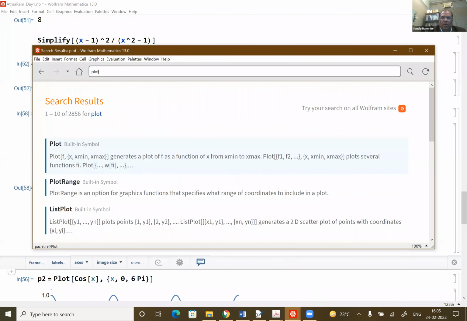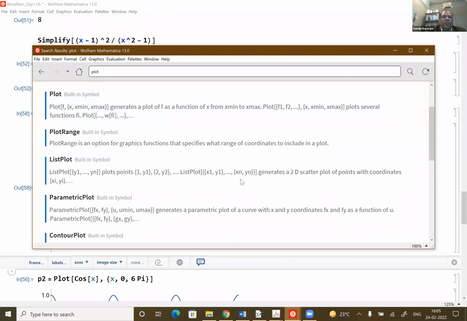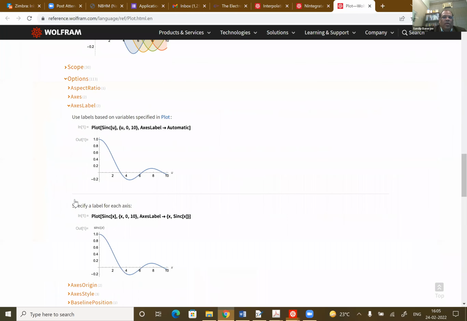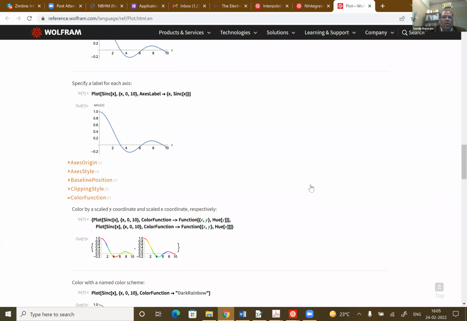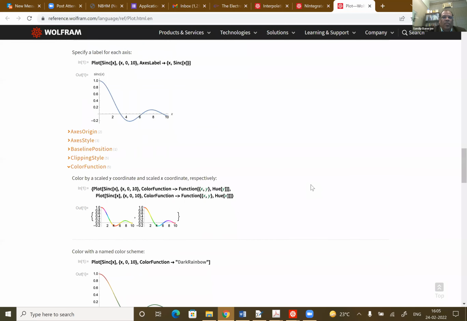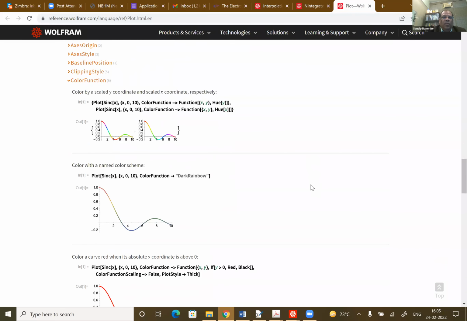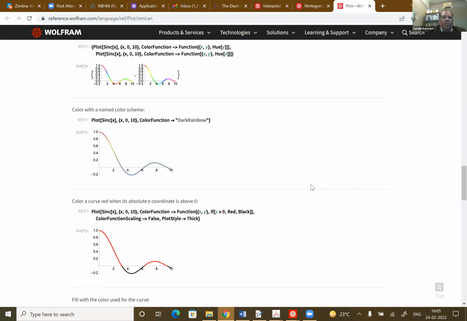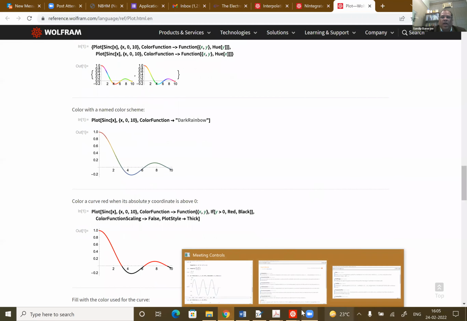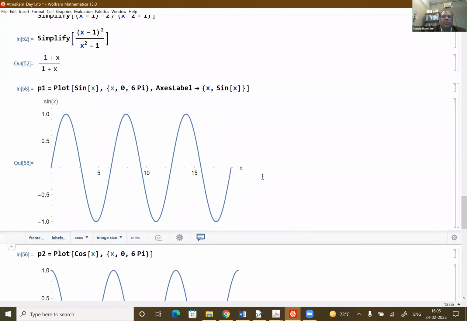Then say, okay, plot somewhere. Say color function. So these are all inbuilt commands, and it will come through practice.